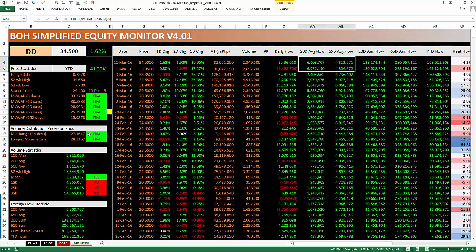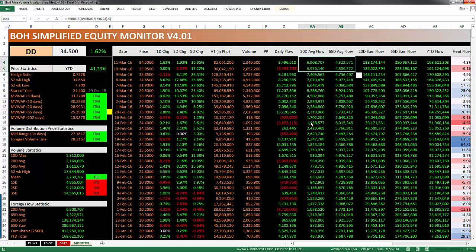Usually yung ginagawa ko, tinitingnan ko over the past 13 days. Dito yung marker ko for 13 days. Tinitingnan ko kung ano yung ginagawa nila over the past 13 days. Kung nakita ko nag-increase pa rin yung average flow statistic, then it's okay. But if you start seeing it slide, then baka nawawalan ka na ng marginal buyer for such a trade.